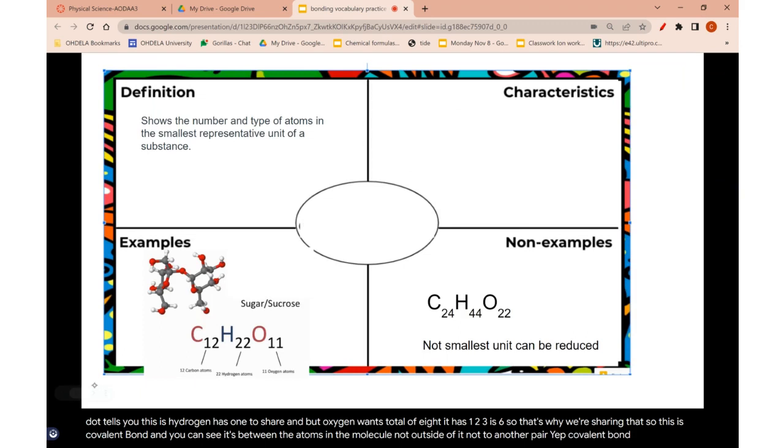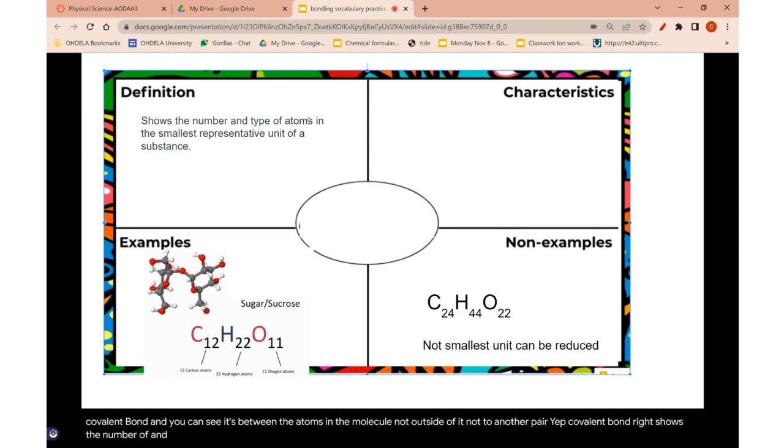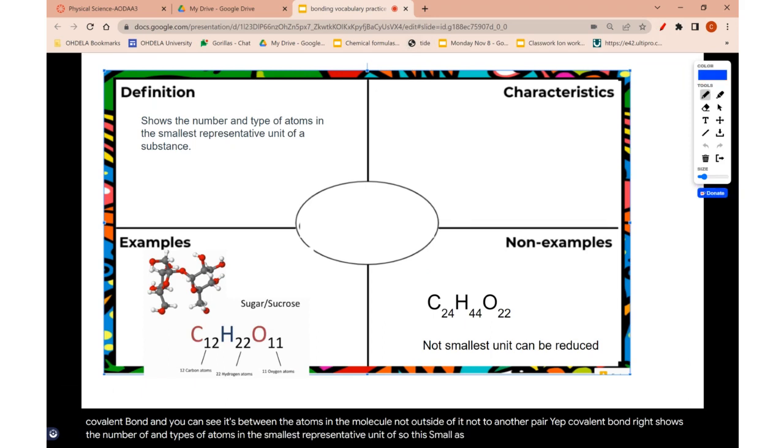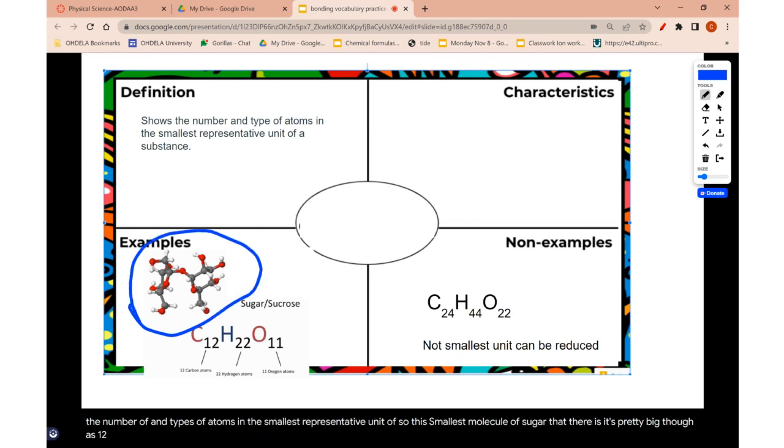Yep, covalent bond. All right, shows the number of and types of atoms in the smallest representative unit. So this is the smallest molecule of sugar that there is. It's pretty big though. It has 12 carbon atoms, 22 hydrogen, and 11 oxygen. That's what sugar is made of, and this is a ball and stick figure.